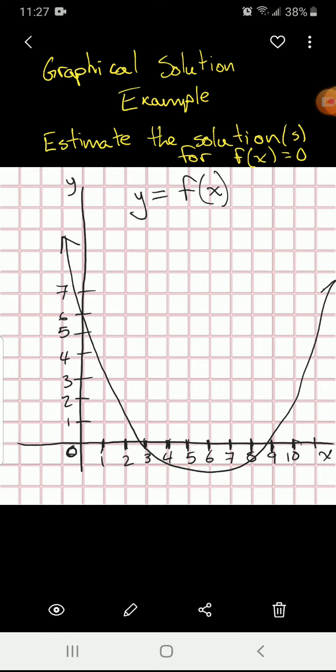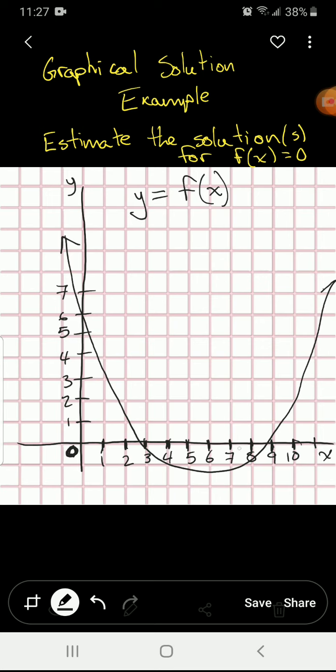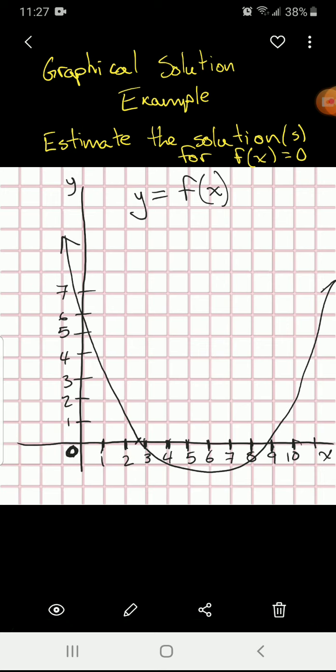But the x-axis is this line, basically where y is equal to 0. And we're looking for where this function intersects with this y equals 0 line. Well, it hits right there, and it hits right there.